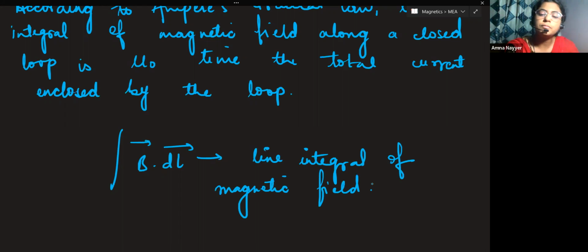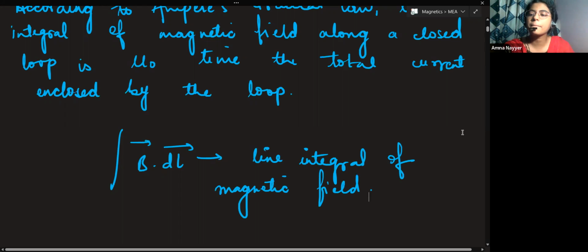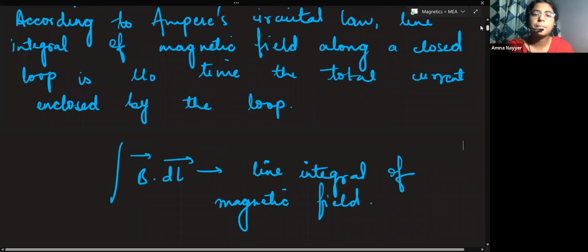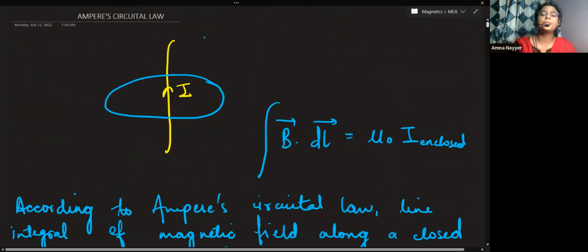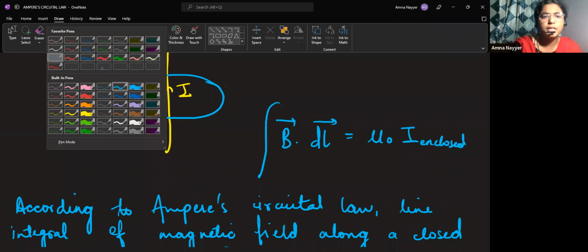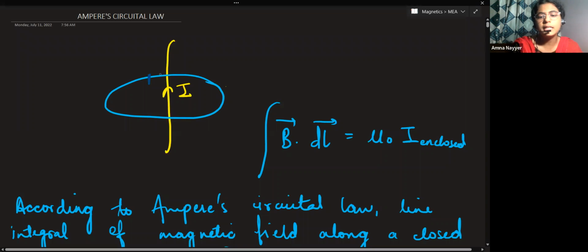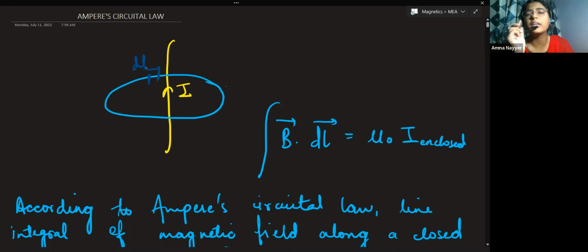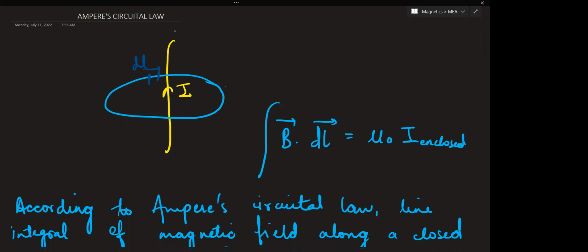Now, in this loop, if I consider again the small elements which I initially took, these dls, whenever this d term comes, it means infinitesimally small. This is such a very small term.